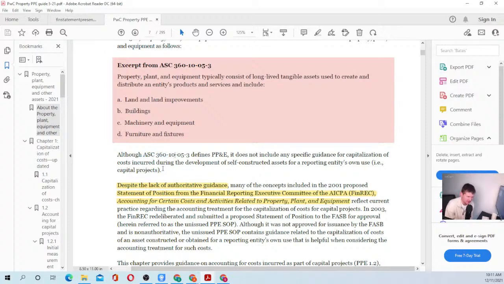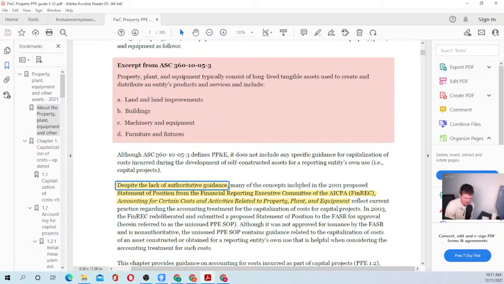I can remind you that the Accounting Standards Codification is called authoritative guidance. That means that it is primary guidance, and only if you do not have guidance in authoritative guidance can you look for other places.